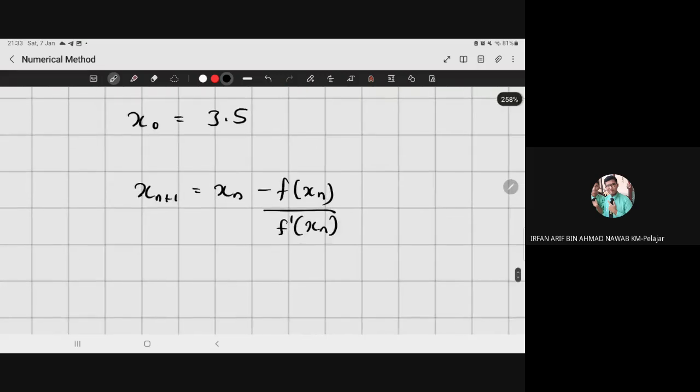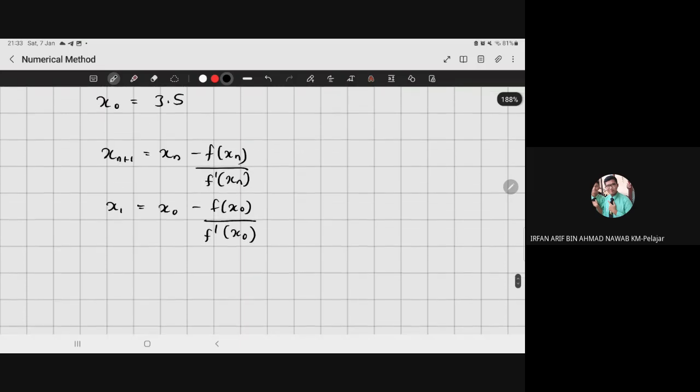Now, let's begin. If n is 0, then this term here is 1. So x sub 1 is equivalent to x sub 0 minus f of x sub 0 divided by the first derivative of f of x sub 0.